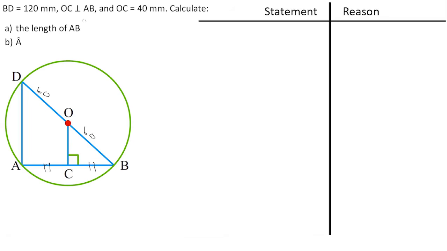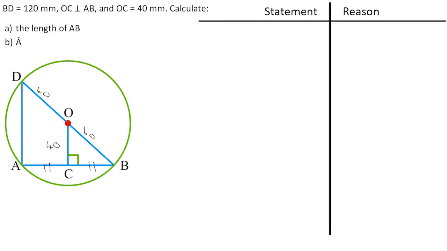And OC is equal to 40, so we indicate 40. Now we immediately identify the right angle triangle BCO. With that information given, you can determine the value of BC. And by looking at the question, they want AB, so you're just going to multiply it by 2.